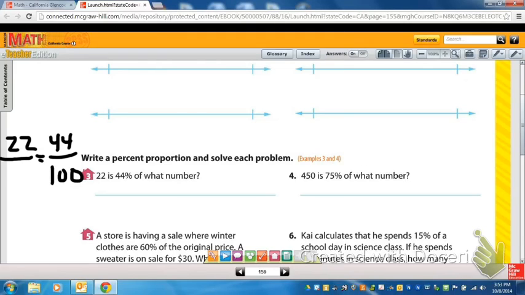And I can see that 22 times 2 is 44. Or I could say 44 divided by 2 equals 22.